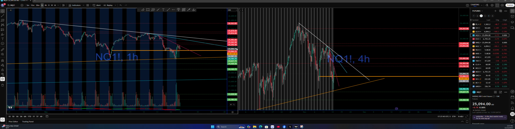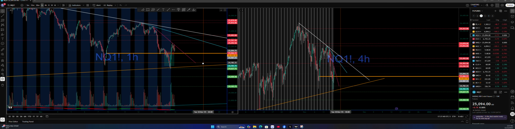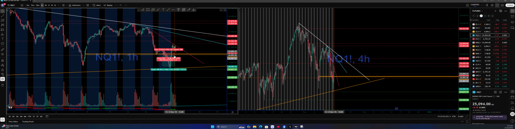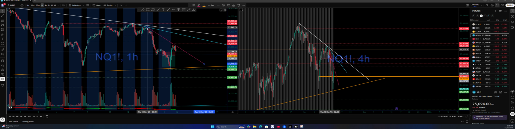NQ and gold are basically the 2 things that I'm willing to drop to the hourly to see what's going on there. So you can see 1 touch here for November 12th, another touch here for November 13th, and then this fuchsia trend line right here starts November 13th to November 14th.